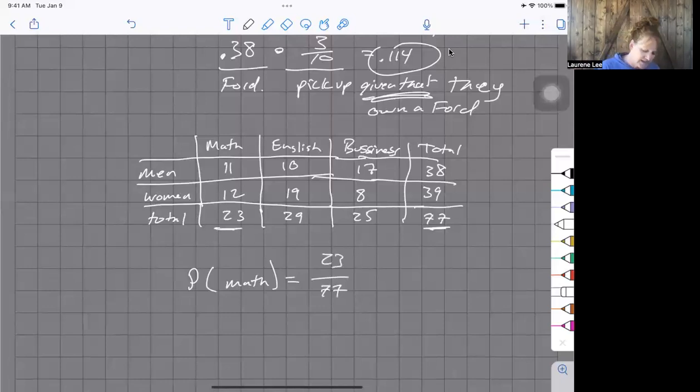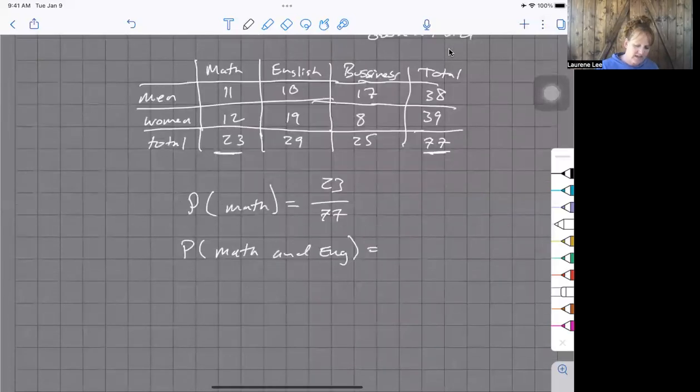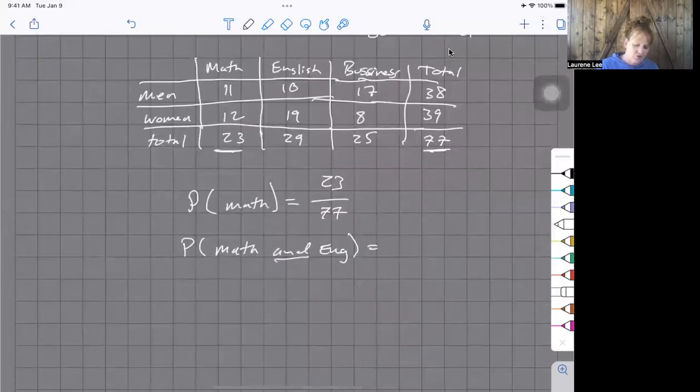Now, what if we jump into an and problem? What's the probability that I pick two people, and I'm going to pick a math person and an English person? So say I'm forming some kind of committee and I want to pick two people, and I want to know the probability that I'm going to get a math person and an English person. So again, this is an and problem. There's two, and we're going to multiply them. So I take them each individually.